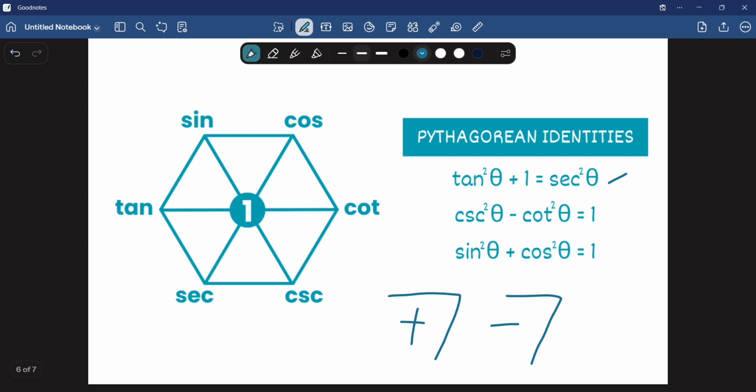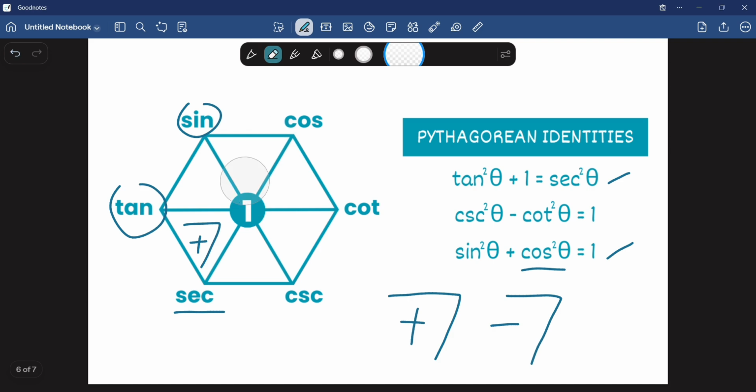Now let's have an example. First is the Pythagorean identity tangent squared theta plus 1 is equal to secant squared theta. Located inside the magic hexagon, tangent squared theta plus 1 is equal to secant squared theta. Another example for addition is sine squared theta plus cosine squared theta is equal to 1.